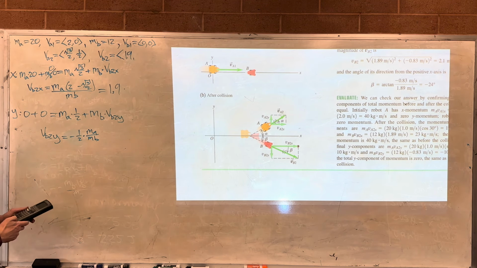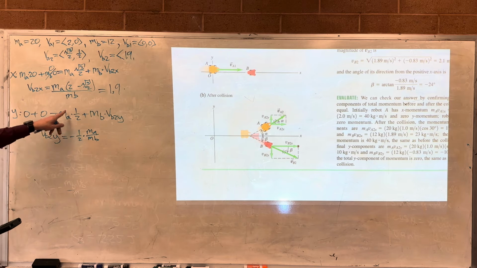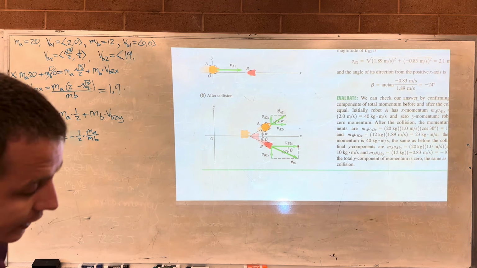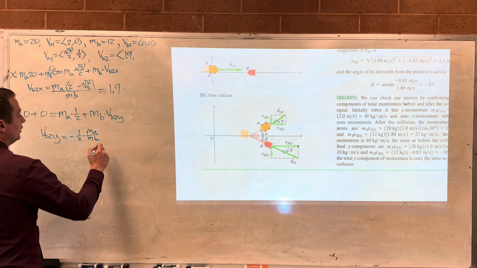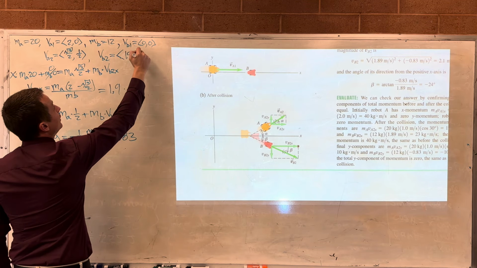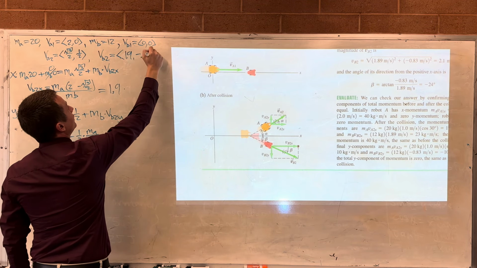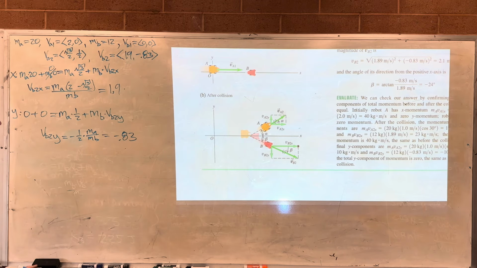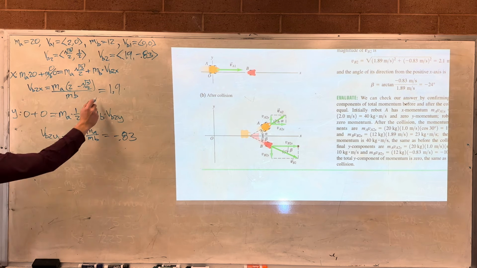And so we get negative 0.5 times, is it 20 over 12 or 12 over 20? 20 over 12. So 20 over 12, negative 0.833333. So this is equal to negative 0.83. Okay, so if they wanted the magnitude, that's the vector.